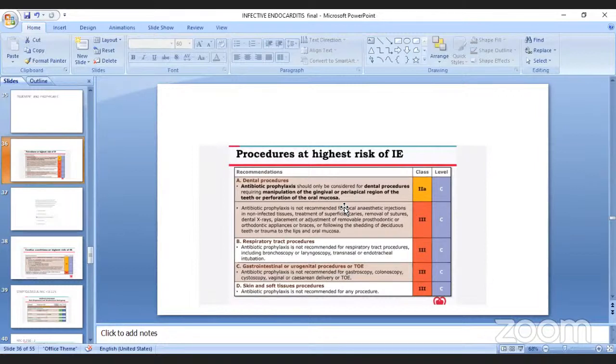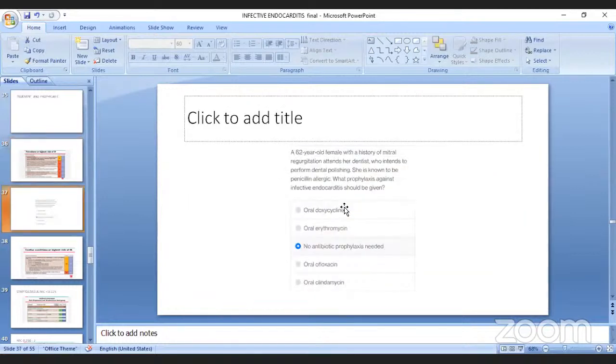He will become antibiotic susceptible and will develop antibiotic resistance. So never misuse antibiotics. Antibiotic prophylaxis is only to be given when there is manipulation of the gingival or periapical region of the teeth or perforation of the oral mucosa. You have to remember this, and that is why I'm telling you this in the ESC guidelines.